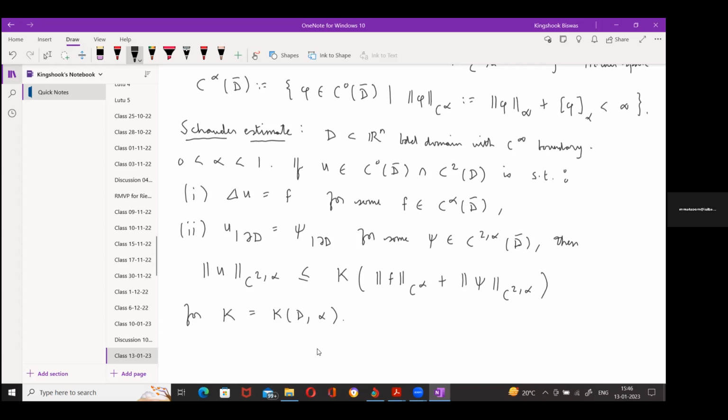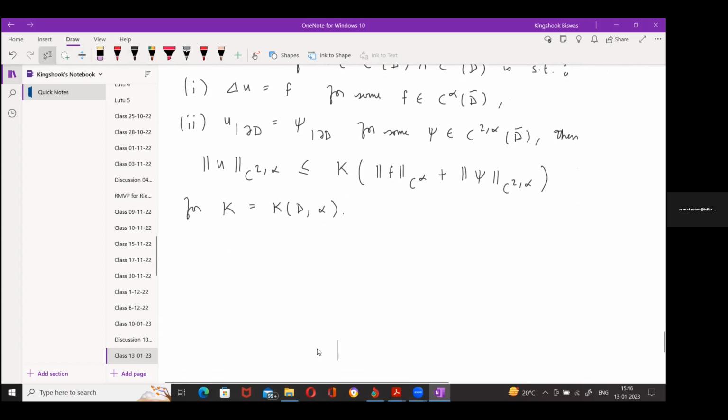So for the solution of the heat equation, what that gives you is that, so here we had, okay, for the heat equation we had that the Laplacian of u_t is equal to del u_t del t, right?